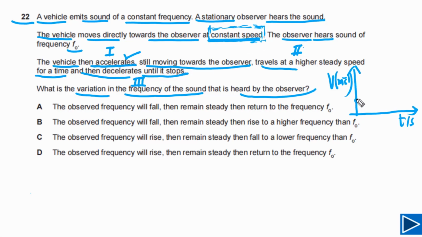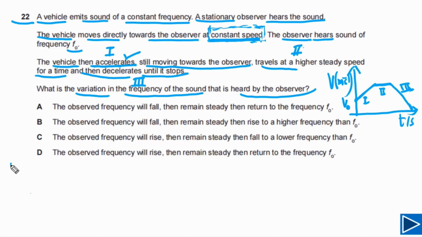So we take the initial speed of the vehicle as v0, then it accelerates to a certain maximum speed, then it continues moving at that steady speed for a while, then it finally decelerates to rest, meaning its final speed is equal to 0. This is our case 1, this one is our second case, and this one is the third case.